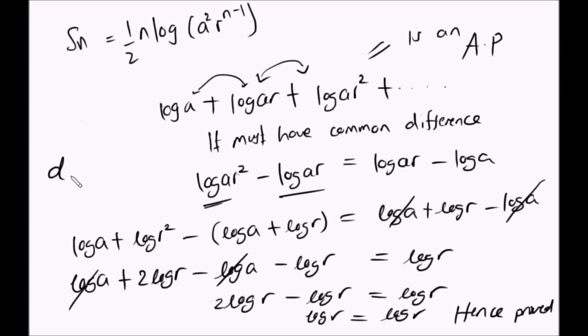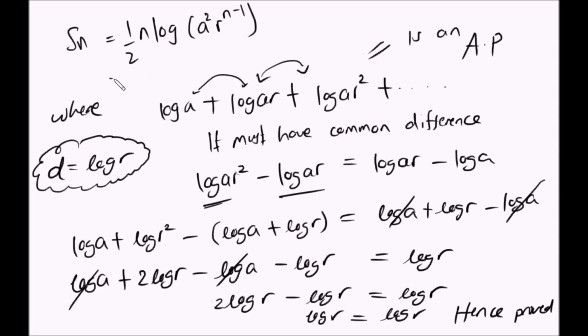So common difference d ni sasa na nini? Log r tumeona, sawa? So is an arithmetic progression where d is equal to log r kama tulivyoona hapa chini. Sasa ni kuprove hii sum of n terms.